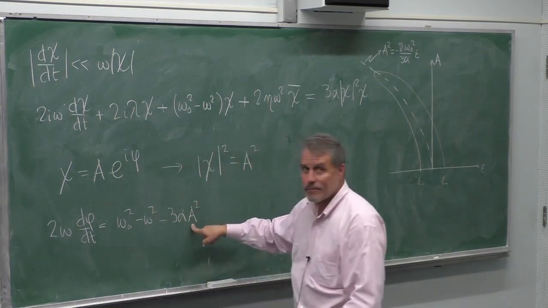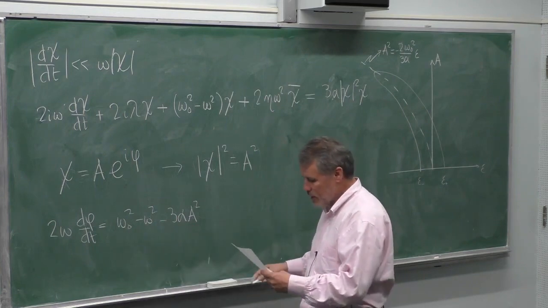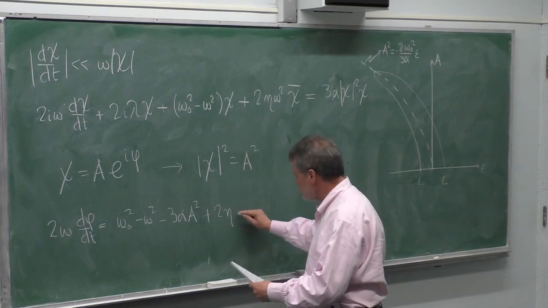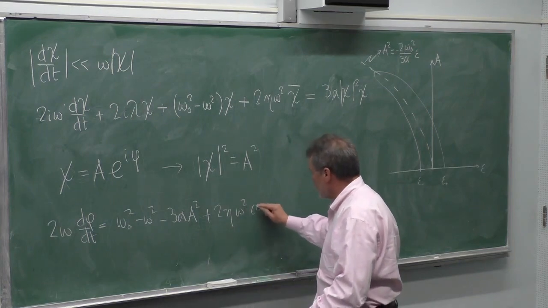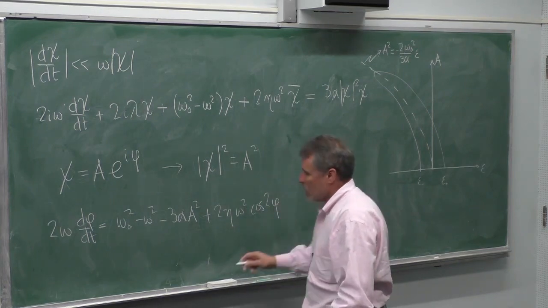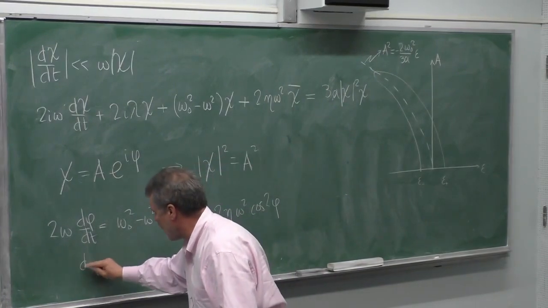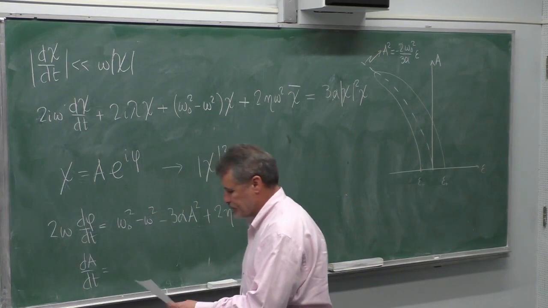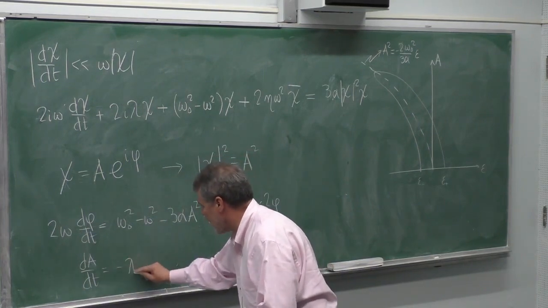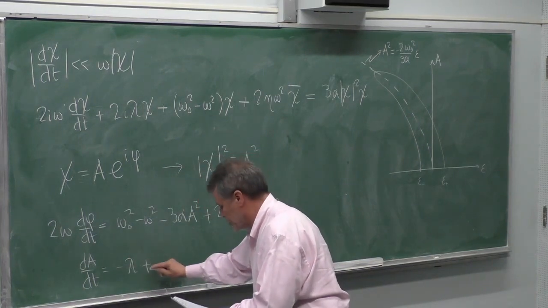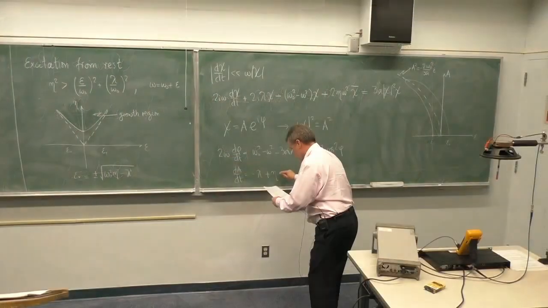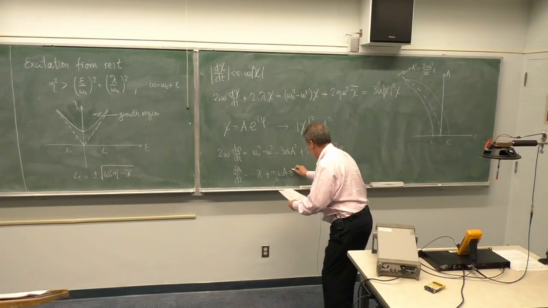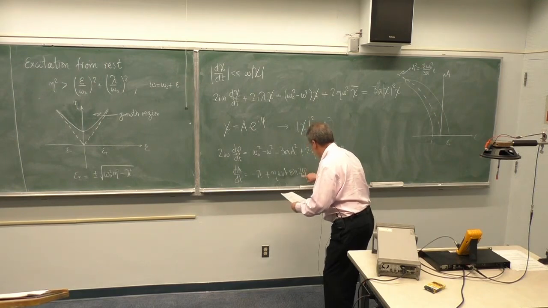This is a new term that came from the nonlinearity, plus the derived term 2ηω² cos 2φ. And then we have an equation for the amplitude, dA/dt is minus λ plus ηω a times sin 2φ.